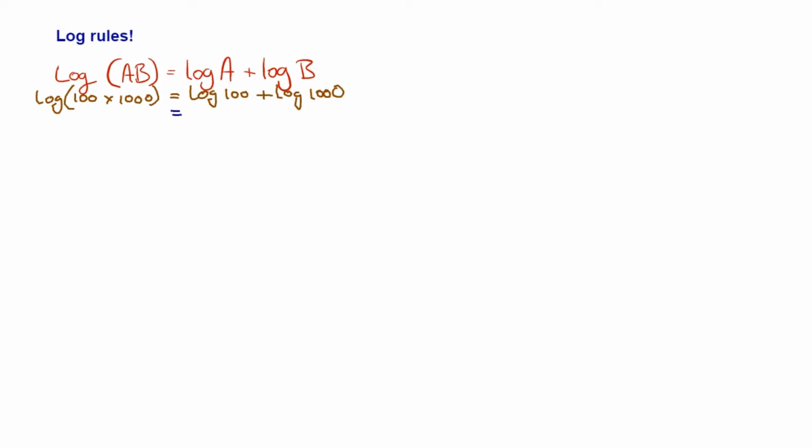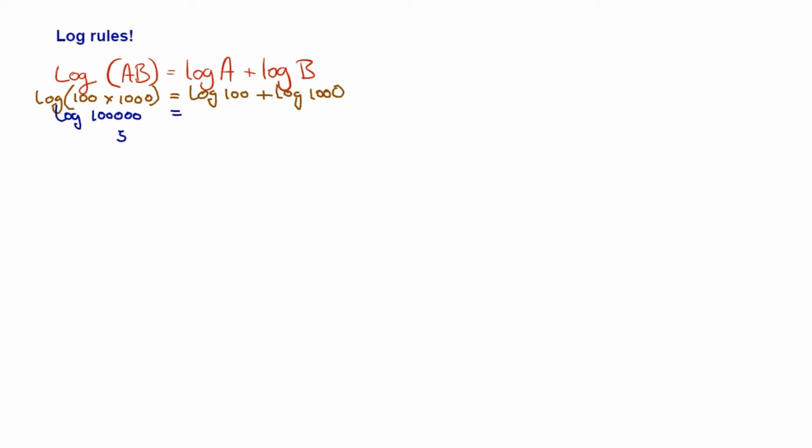Well, the left-hand side, the log of 100 times 1,000, is going to be the log of 100,000, because 100 times 1,000 is 100,000. And the log of a number is what you have to raise 10 to get it. So the log of 100,000 is 5, because 100,000 is 10 to the 5. Now let's look at the right-hand side.